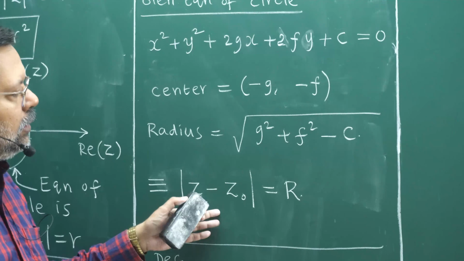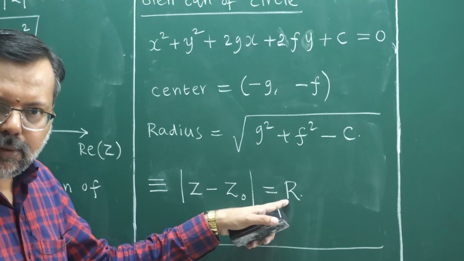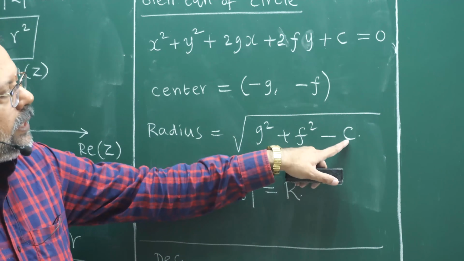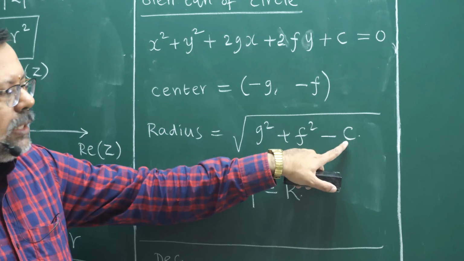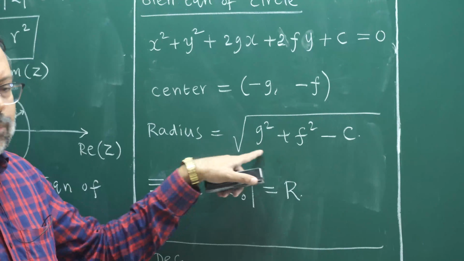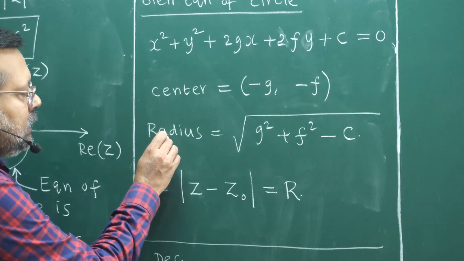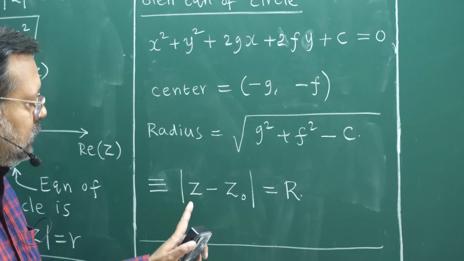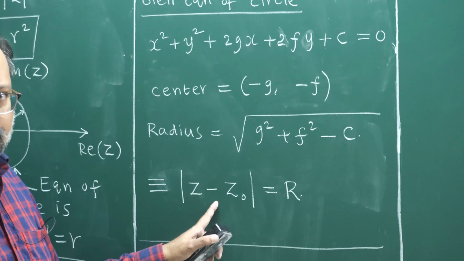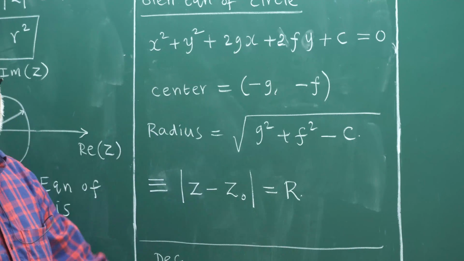Both are the same actually. Here the radius is directly given as radius. In this case, the radius is not directly available. It is available through another constant, and you have to do this calculation to get the radius capital R. So this is the complex version of the circle, and this is the real version of the circle.